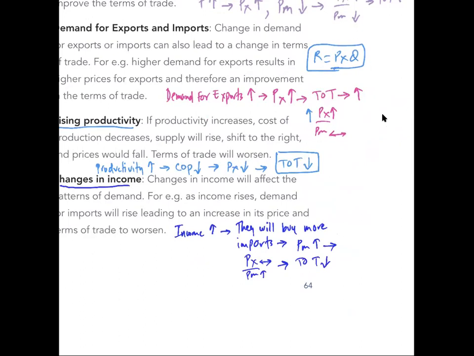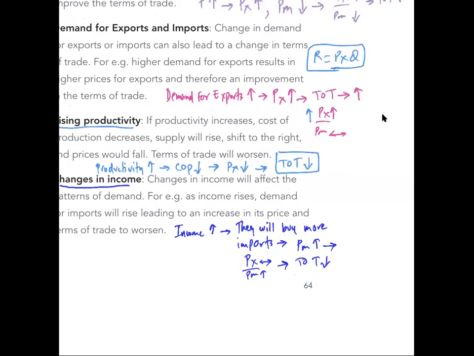So a very important question that comes in the exam is: what is terms of trade? You need to talk about the formula for terms of trade. You need to talk about how it's the index of export prices to index of import prices times 100, and then talk about terms of trade improving meaning value going above 100. Terms of trade going down means value going below 100.